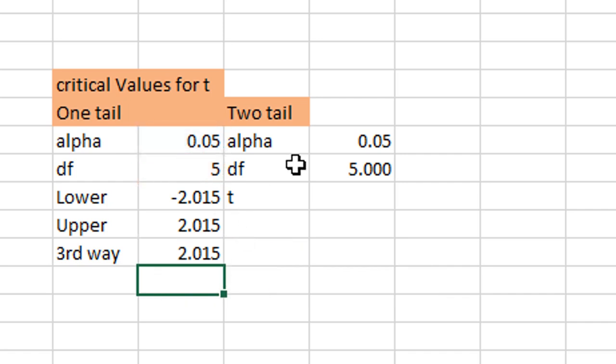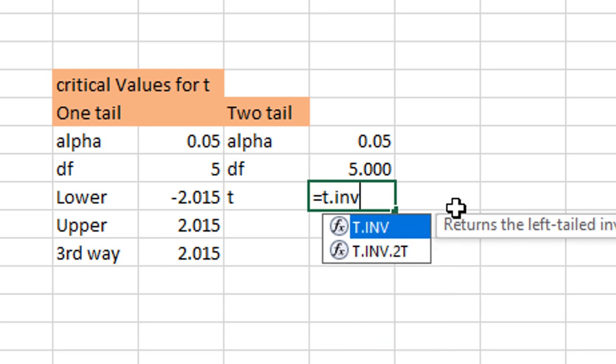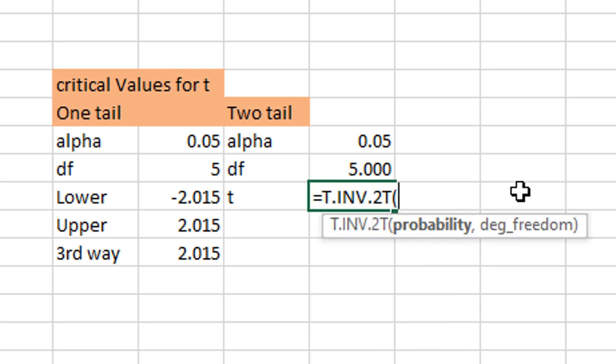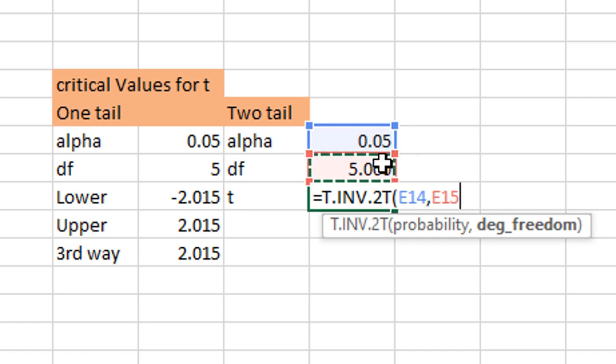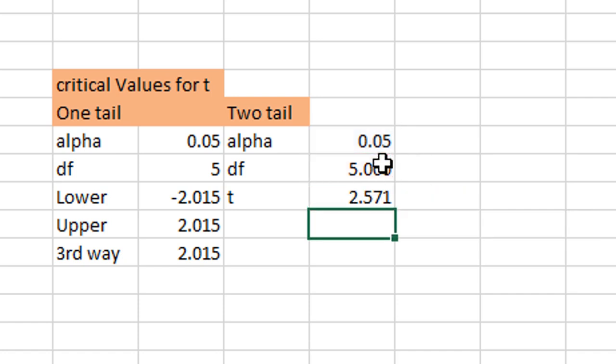Now click. You are again having the same value as the positive value. To calculate the T value for the two tail hypothesis, just use T.INV.2T, and use probability and degrees of freedom. Okay, you are getting 2.571 as the critical value for the T test.